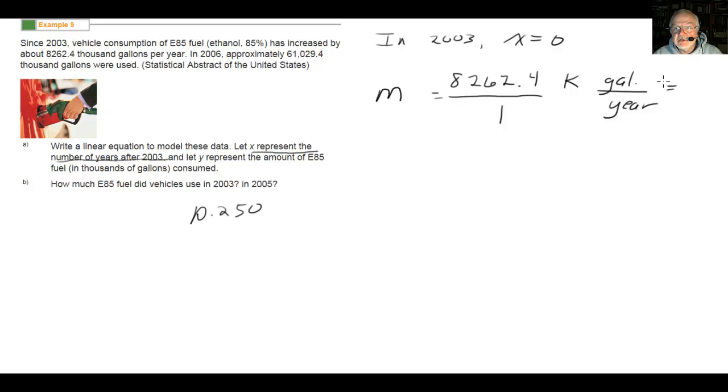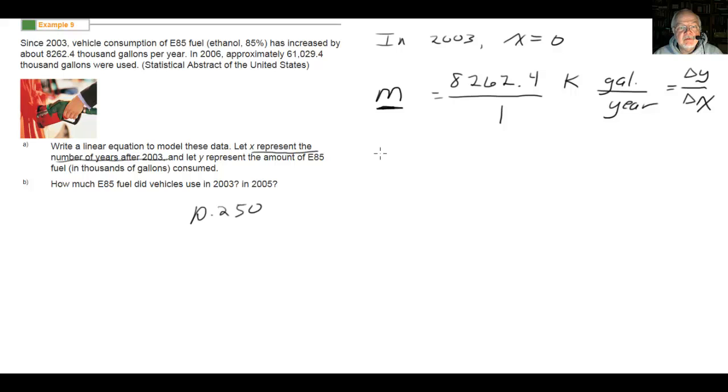This is a rate of change. Gallons is what is the change in y, right? Y is the amount of ethanol used. So it changes by 8,262 every year, and the amount of years, that's the change in x. So that's a slope.